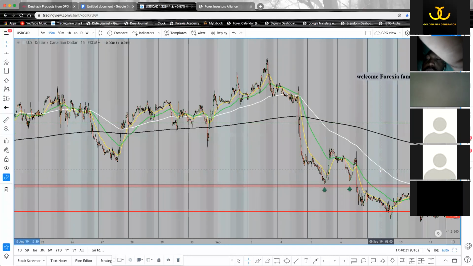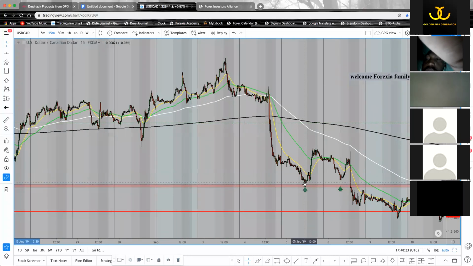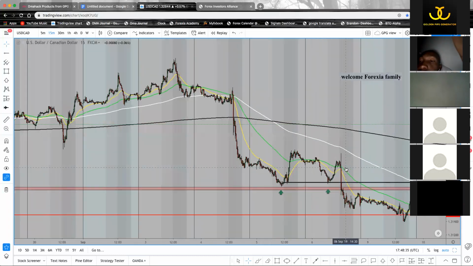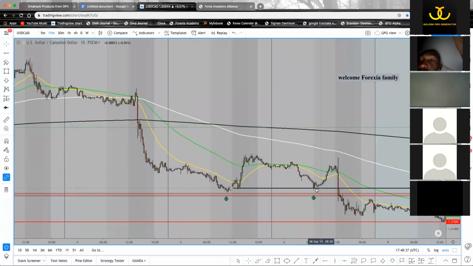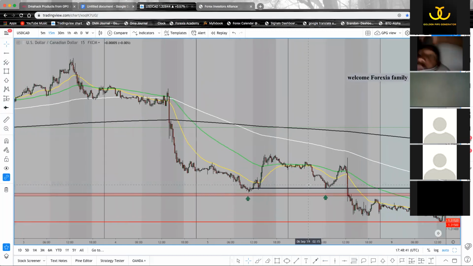So this is where people start buying off these areas. This supposedly fresh support and resistance holds the price. And you can see how on Friday, which I think is NFP, yes, this is a trap for NFP.